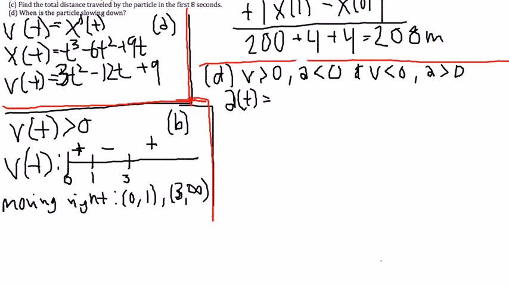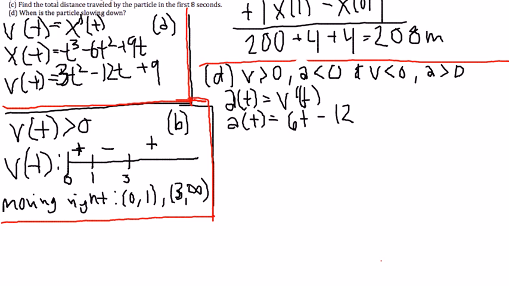So in order to find the acceleration of the particle, we need to find the equation for acceleration. Basically, we're just going to do what we did in part A, take the equation of v of t and find a of t, because we know that a of t is just the derivative of v of t. So to find a of t, we're going to get 6t minus 12.